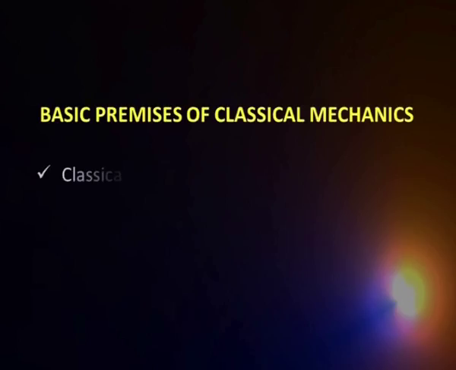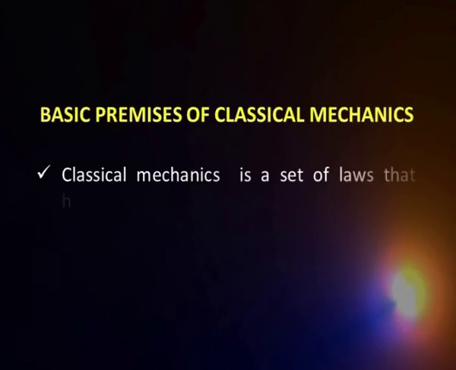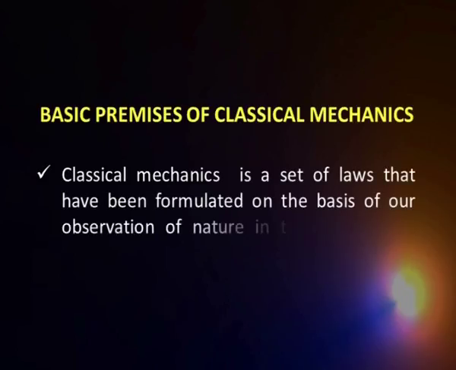Let us make a beginning by looking at what classical mechanics is. Actually, classical mechanics is a set of laws that have been formulated on the basis of our observation of nature over a period of centuries. That means whatever we gathered by looking at the motion of astronomical bodies, sun, moon and things around us.